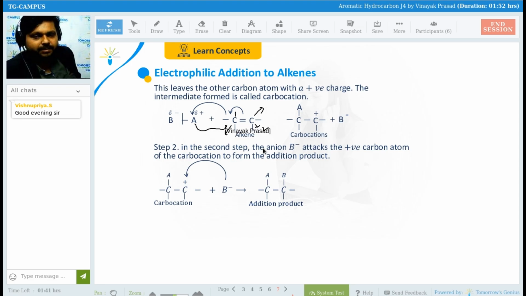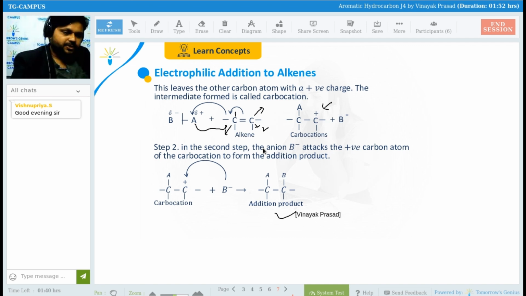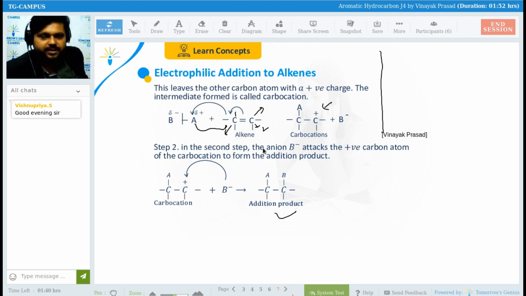And this carbon that we have seen, having plus charge, will be a carbocation, that we can see here. Now this minus from this carbon will attack this carbocation, and the new compound will be formed as an addition product. Is it okay? If you are having any confusion, then I am going to make you understand once again.